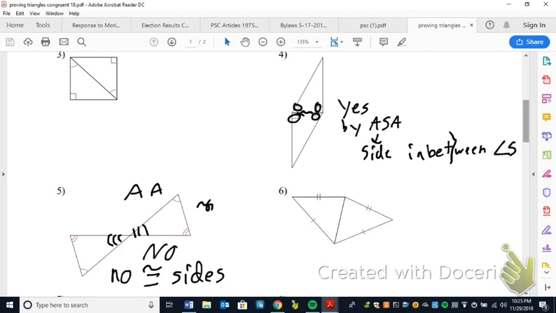Looking at number 6, we have one set of sides, two sets of sides, and then remember that middle one works for both. That's our third side. That is the reflexive property again.